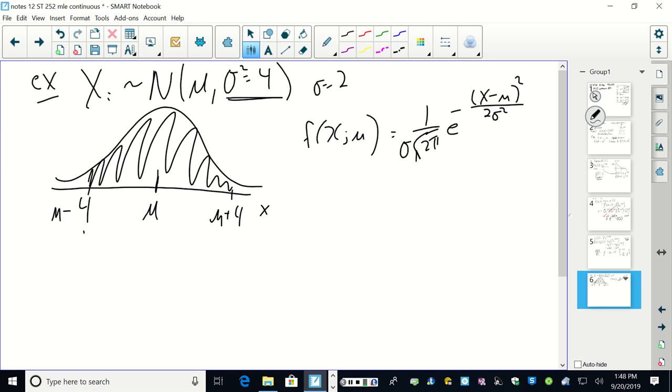But if sigma is 2, this can be written as 1 over the square root of 8 pi, pulling the 2 inside and making it a 4, times e to the negative x minus mu squared over 8.